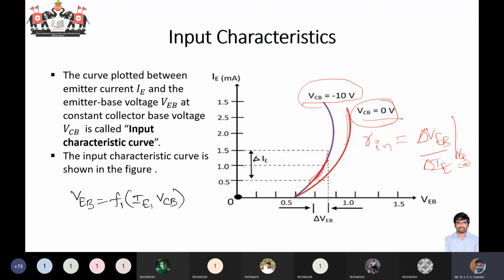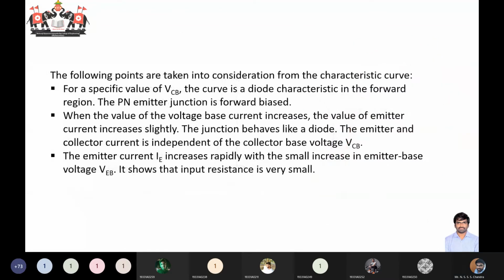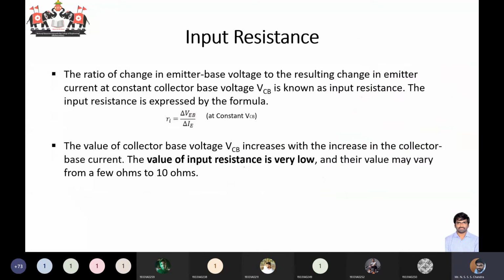So for every graph you can have different resistances. In general, input resistance Ri is equal to delta VEB by delta IE at constant VCB.